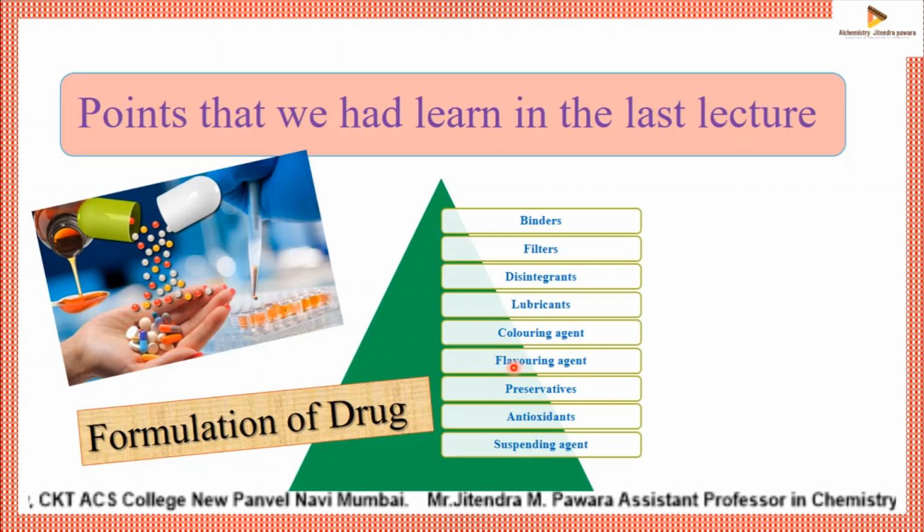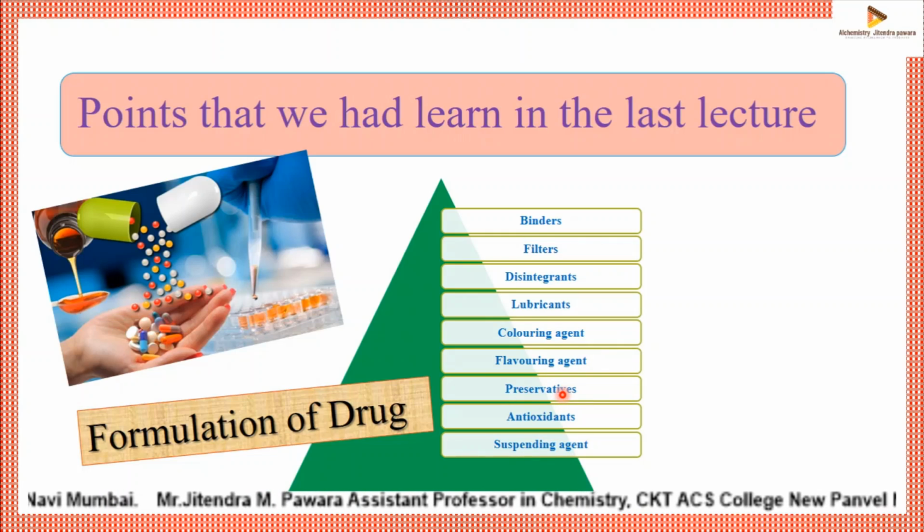And the next one is flavoring agent. The role of a flavoring agent is to impart a pleasant flavor and often color to the pharmaceutical preparation. Examples of flavoring agents are mannitol, lactose, and aspartame, which is called an artificial sweetener. Then the next one is preservatives.